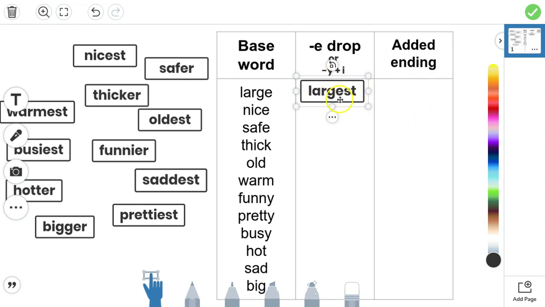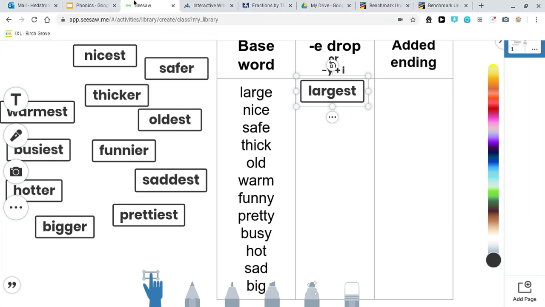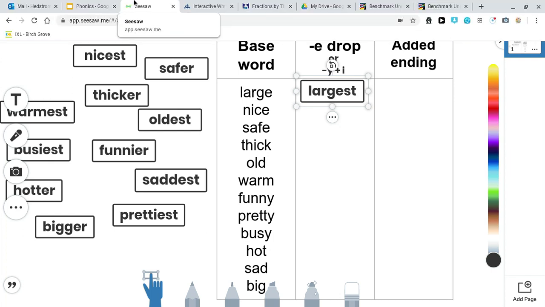It needs to stay in this column. So you'll have words on both sides. Once you are done sorting all of these, you just click your check, and then you are ready. So that is your job today. Tomorrow we will be looking at our comparative words in a story.